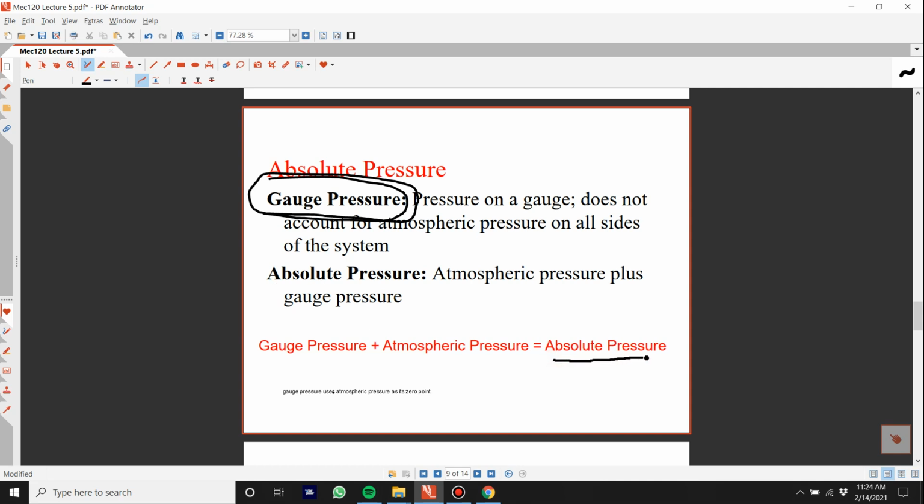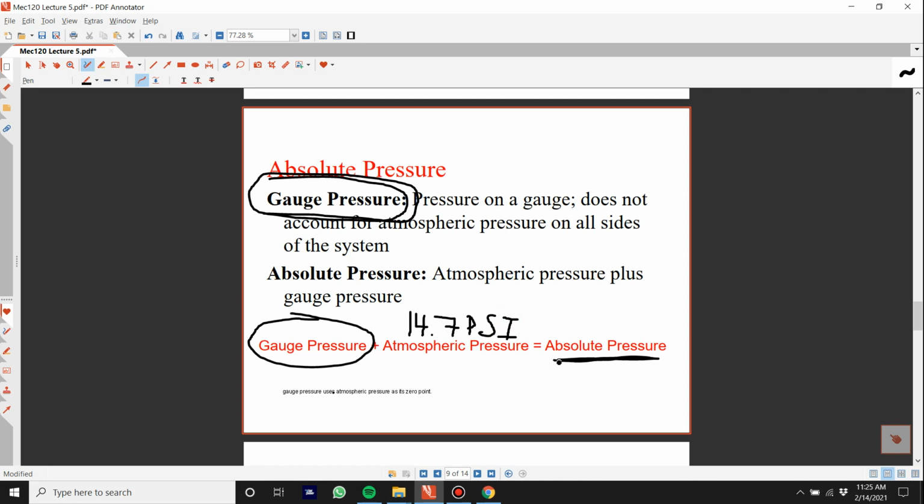Absolute pressure is your gauge pressure plus atmospheric pressure. Atmospheric pressure is 14.7 psi, but that would depend on your height above sea level. Forget about that.